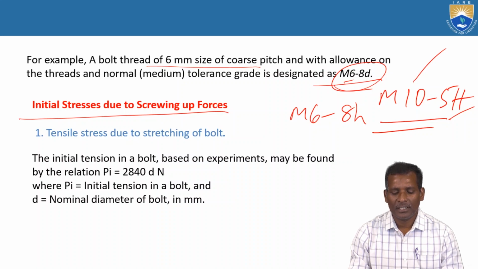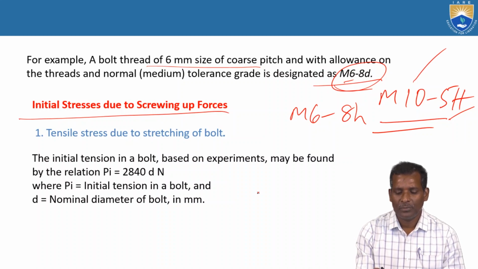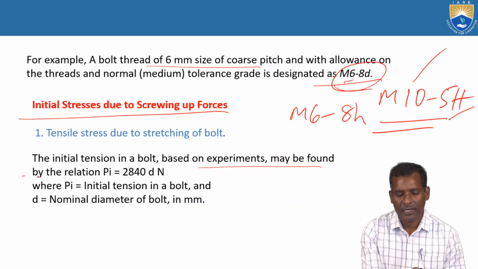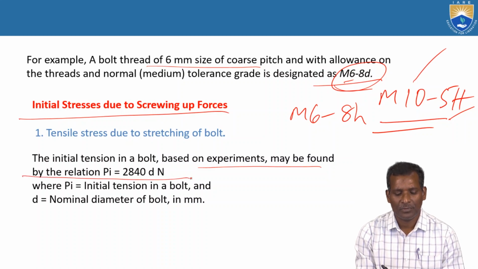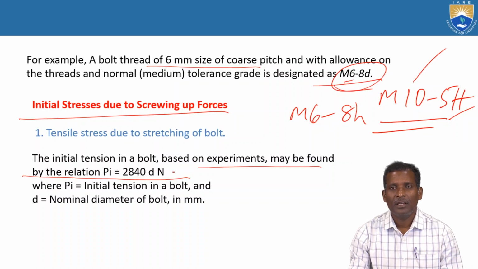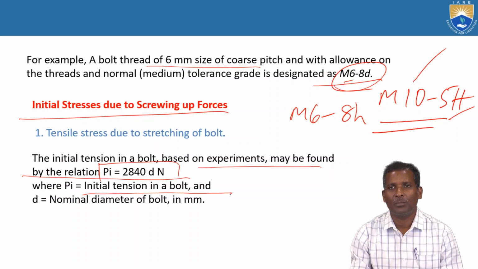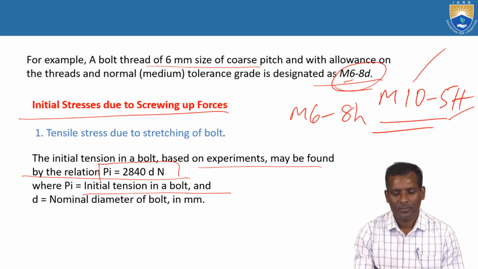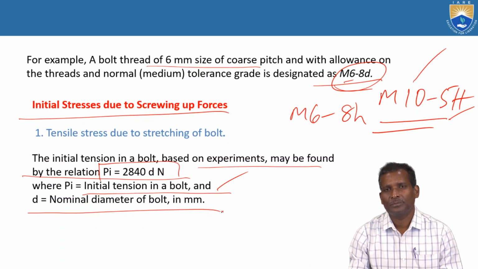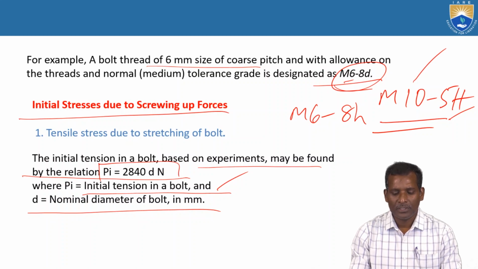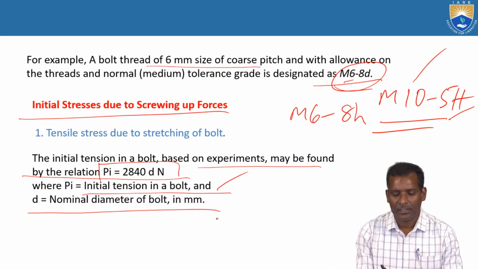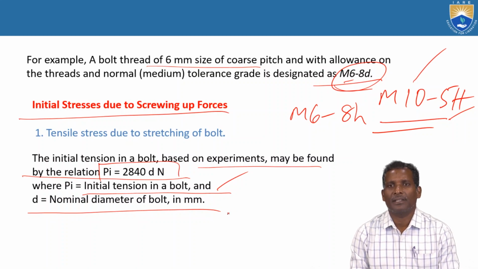Initial tension in a bolt, based on experiments, the standard relation found is Pi equal to 840D, where Pi is initial tension in a bolt and D is the nominal diameter of the bolt. By using this relation you can find the initial tension in the bolt.